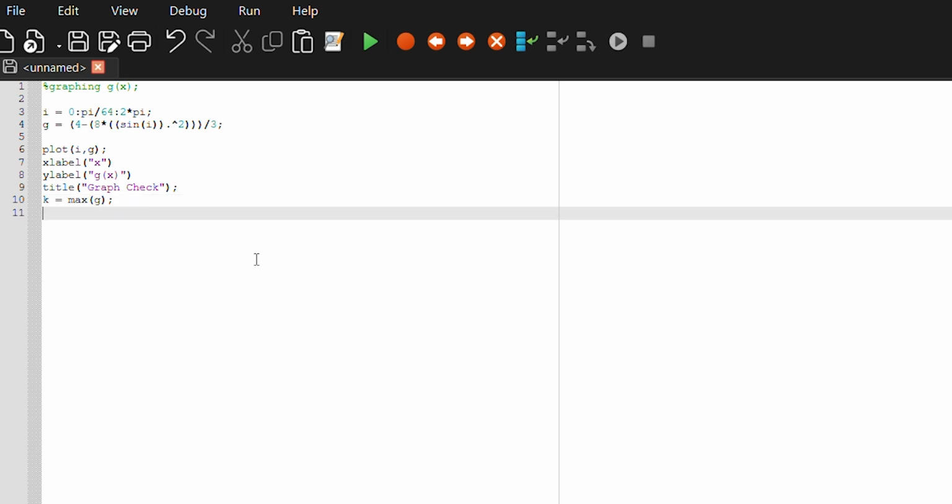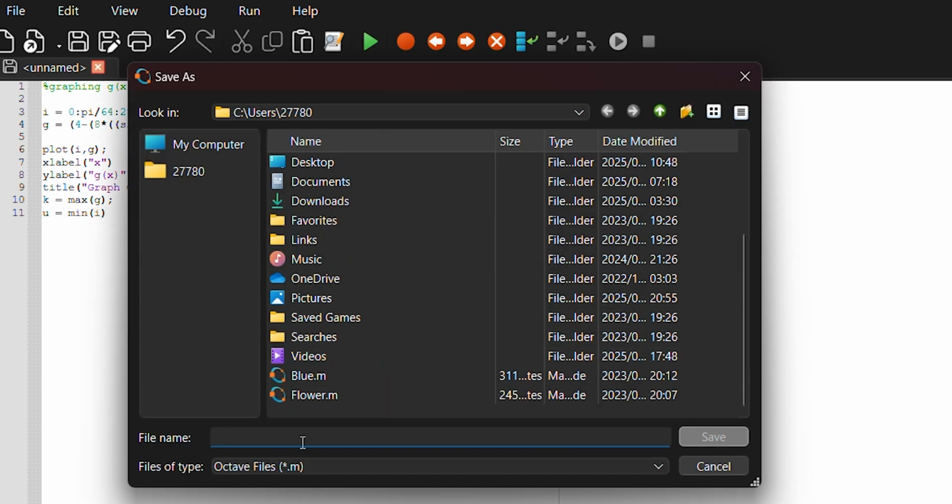When you put a semicolon, you're stopping things from showing. And so x min, I'm gonna just go u, and that is min, and that is i, because we called it i. We can call it x, but I try to stay away from those because they do tend to mess up the code sometimes.